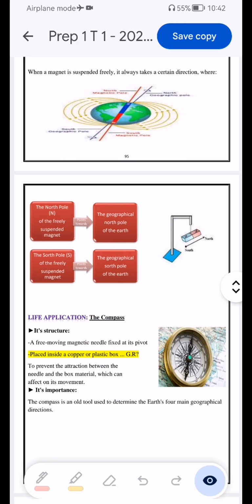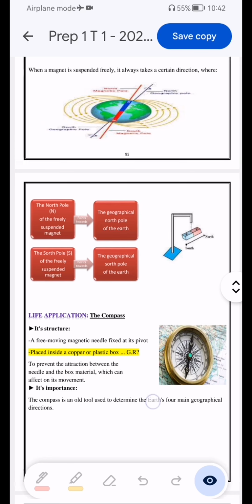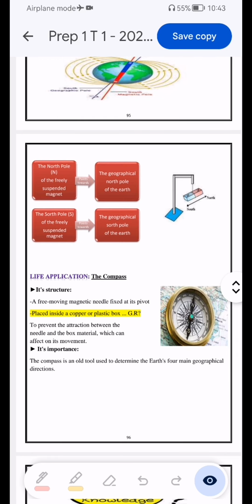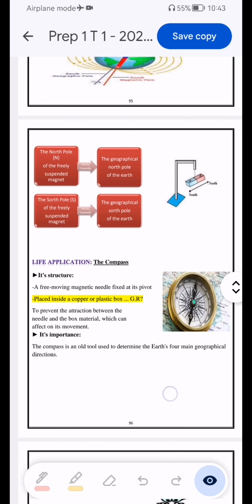Okay? And the south pole of the magnet suspended freely points to the geographical south pole of the Earth. That means it is attracted to the north pole of the magnet inside the Earth. Okay? As we said, the Earth acts as a magnet, with two poles, north and south.